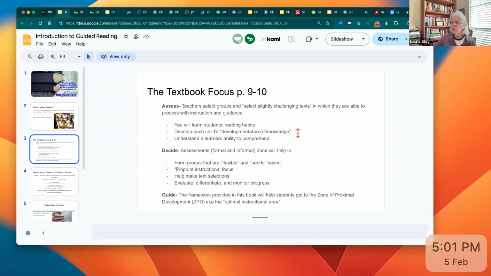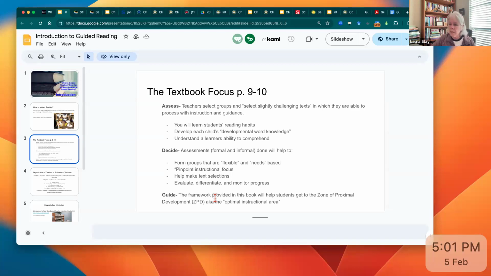One of the things that is so particular in this book that I love about Jan Richardson, that you may not necessarily find in all other people who follow balanced literacy, is that she has this model that I think is a nice crossover to the guided reading and the structured literacy, because it's very systematic for her. Her book is systematic, although it was not originally written with structured literacy folks in mind.